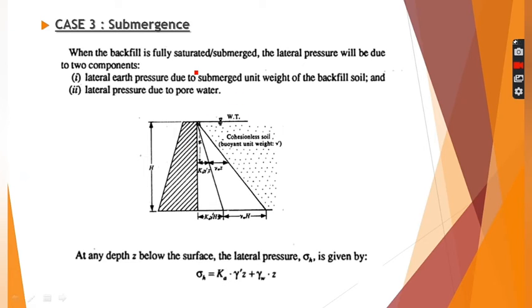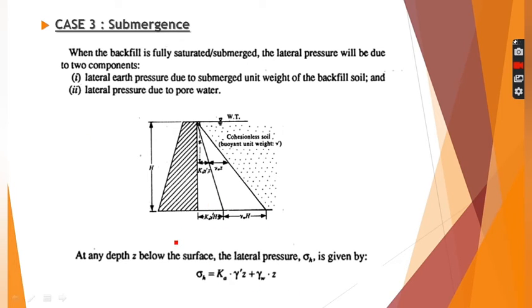When the backfill is fully saturated, lateral earth pressure will be due to the submerged unit weight of soil and lateral earth pressure due to pore water. This is your retaining wall and this is a soil with submerged unit weight, that is, it is saturated with water.